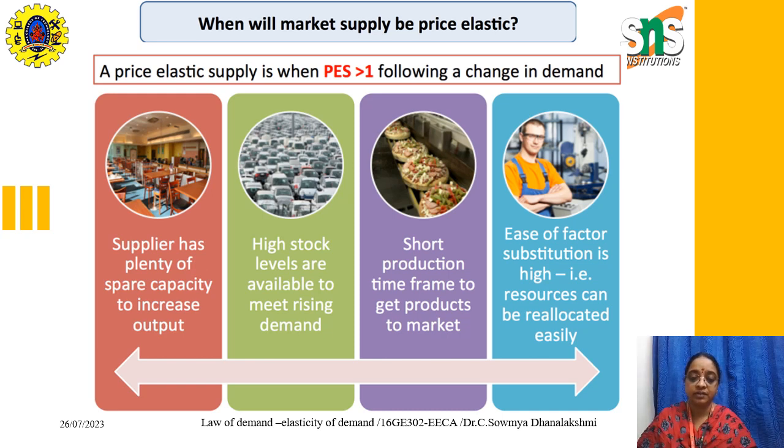High stock levels are available to meet rising demand. There is a short production time frame to get products to the market. Ease of factor substitution is high, that is, resources can be reallocated easily. This is a summary for price elasticity of supply.